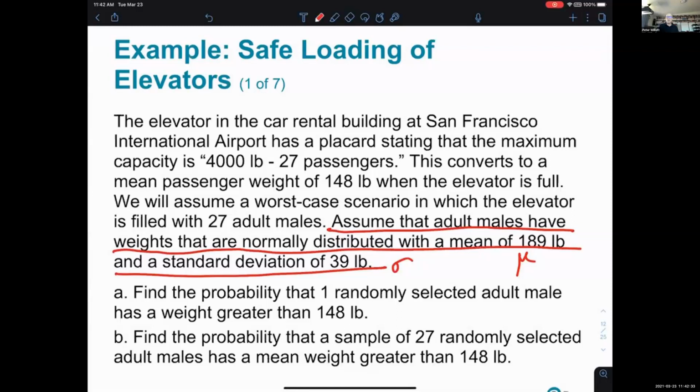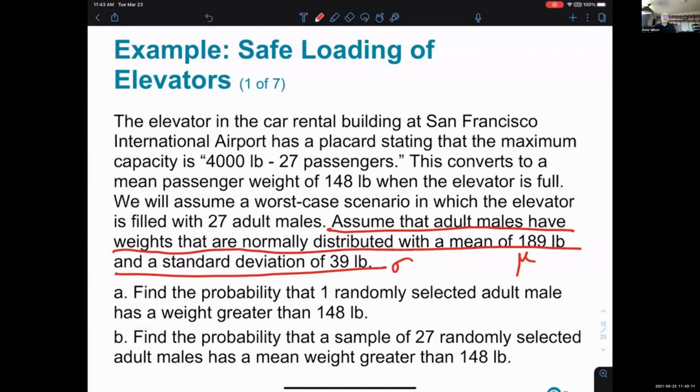This does not use the central limit theorem, since we're using just an individual. We would use the tactics we did before. We would grab the normal calculator off of StatCrunch, plug in the mean and standard deviation, and ask for the probability of being greater than or equal to 148, and it'll just tell us. Or if you were using the table of values, you would get the z-score of 148 with that mean and standard deviation, and then look up that z-score on table A2 to see what proportion of the population is greater than 148.